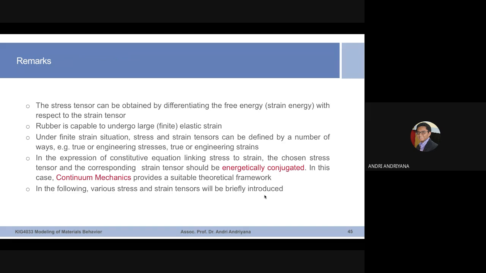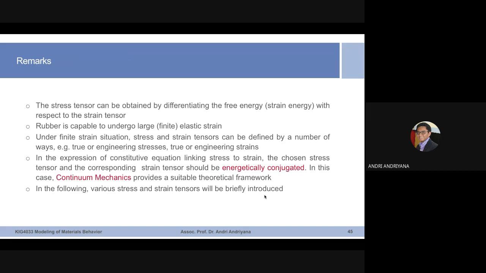Unlike metals, where to maintain elastic deformation we need to keep the stress below the yield strength, and the elastic deformation is very small. Since the deformation is very small, the change of cross-section is also very small.